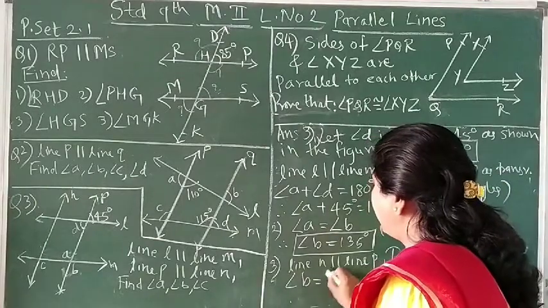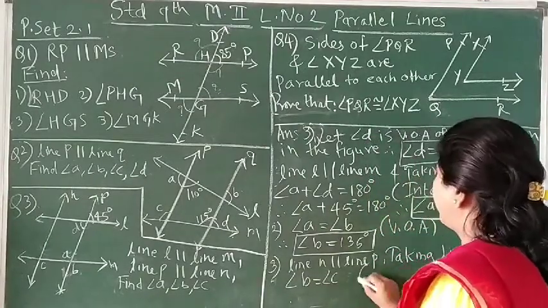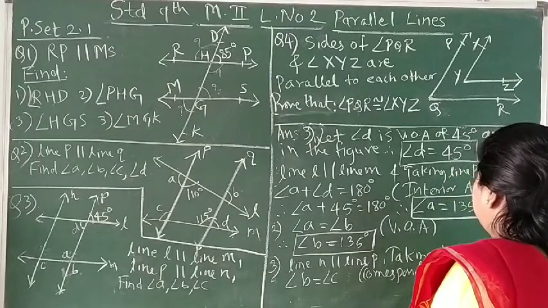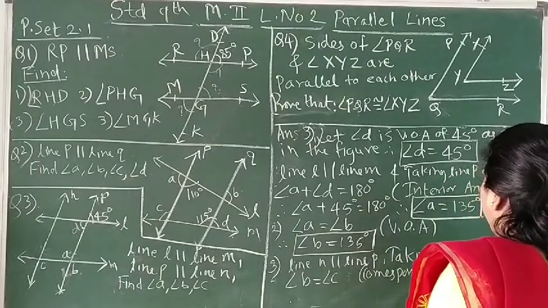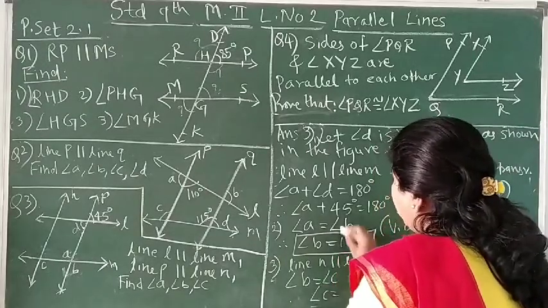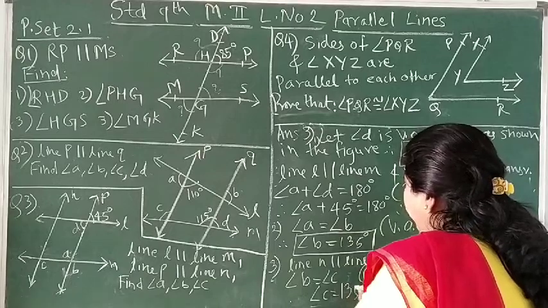Angle B is equal to angle C, they are corresponding angles. And hence angle C is equal to B, which is 135 degrees.